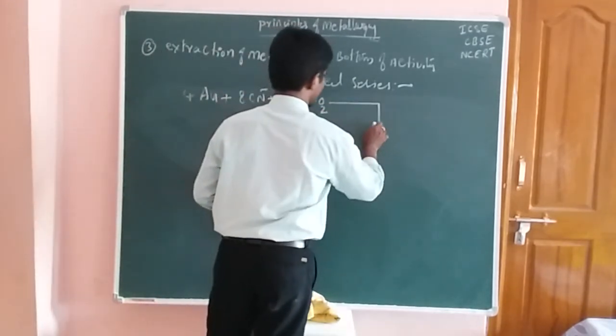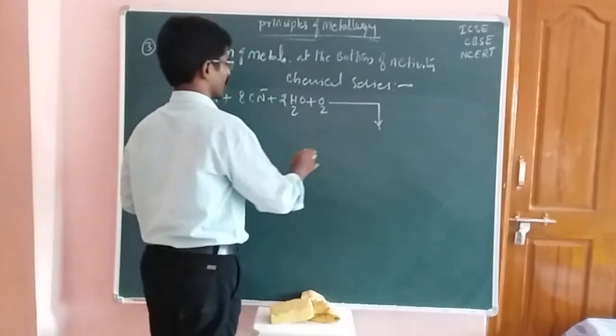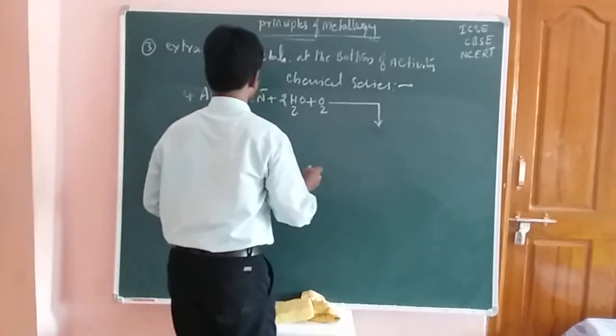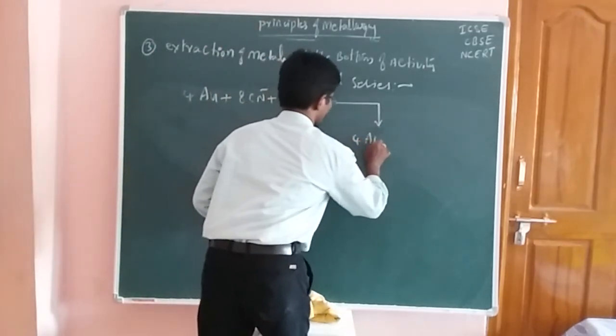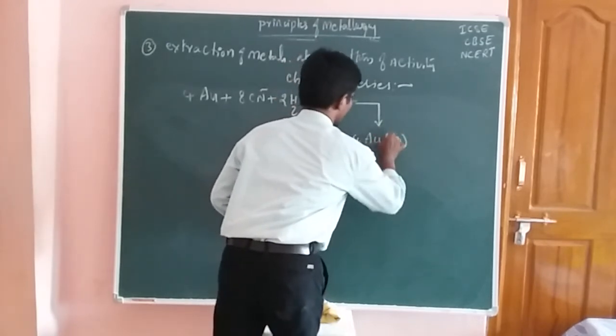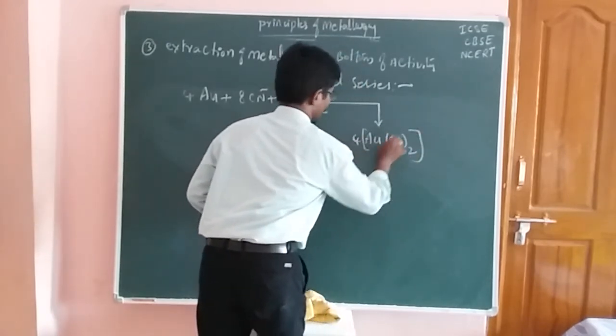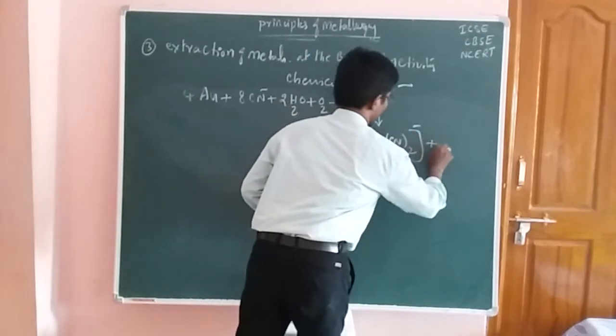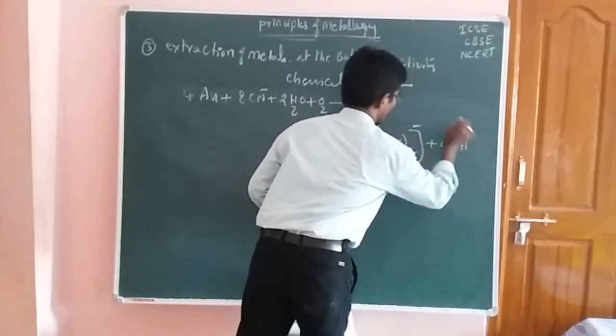It should give rise to this type of compounds: 4 moles of Au(CN)2 with a minus charge, and 4 moles of OH minus.